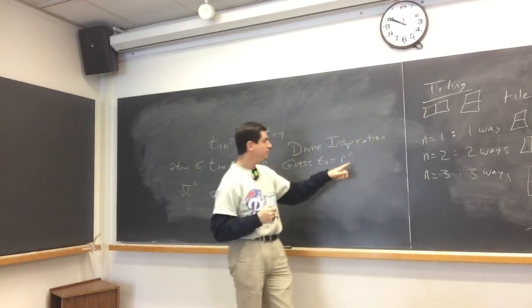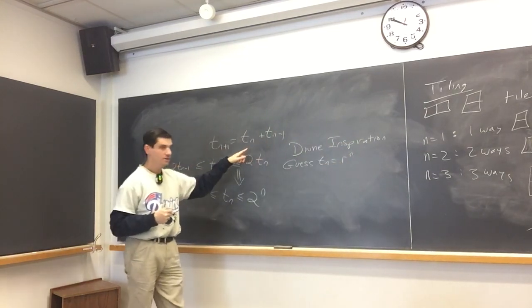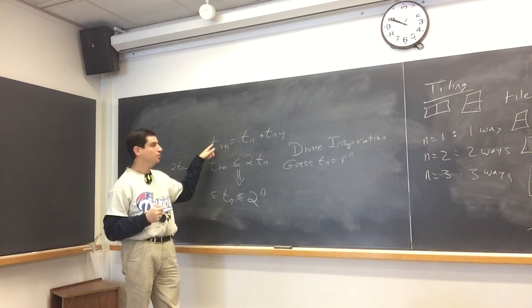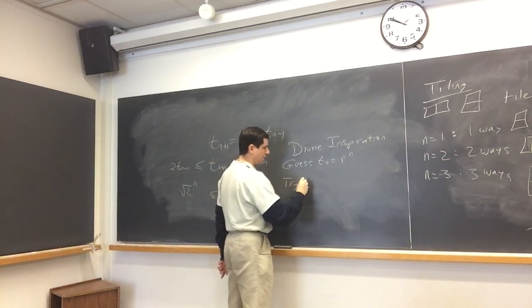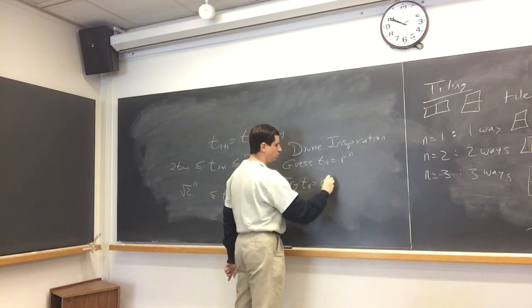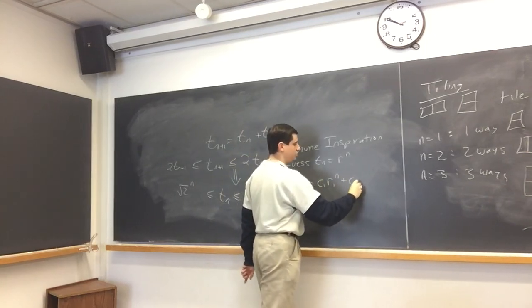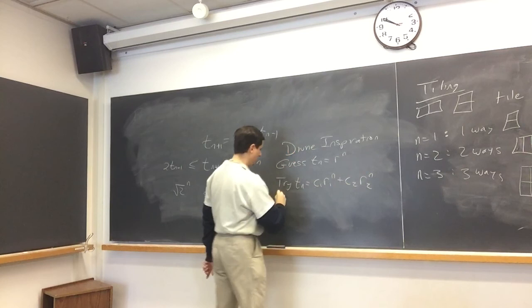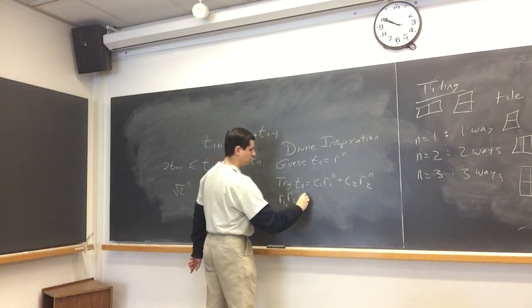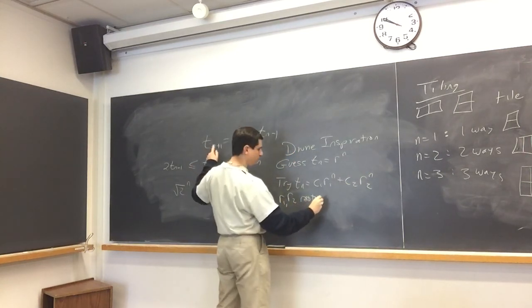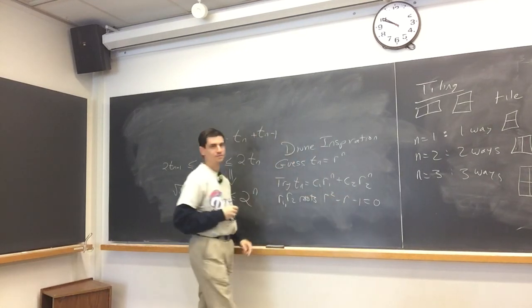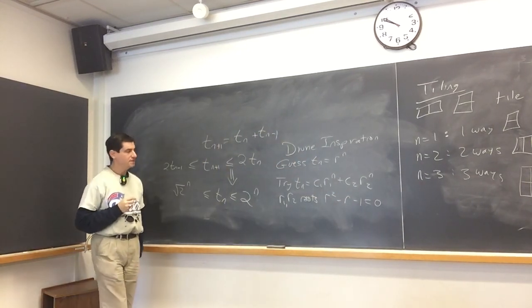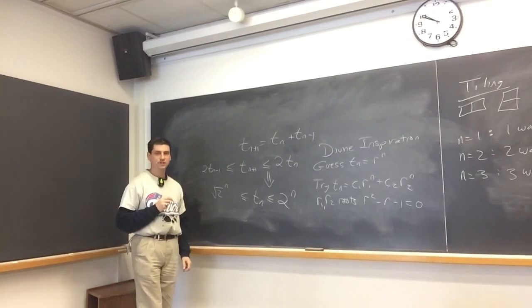If you had two different roots, r1 and r2, that worked, r1 to the n plus r2 to the n would also work. And eventually, you'll try Tn is c1 r1 to the n plus c2 r2 to the n, where r1, r2 are roots of the characteristic polynomial, which will be r squared minus r minus 1 equals 0. So if you want a fun exercise, try to use this to get to Binet's formula.